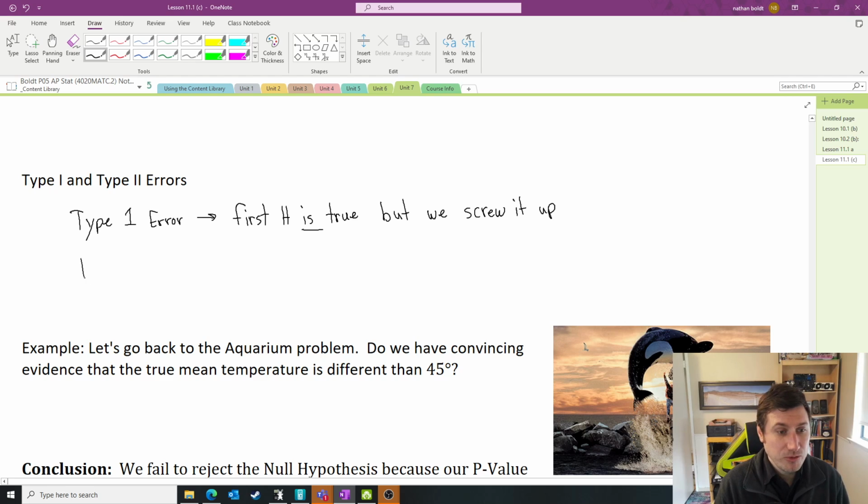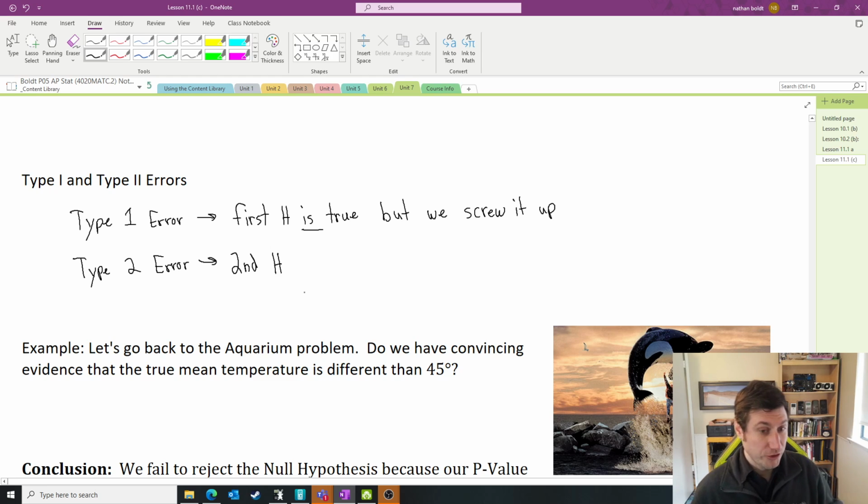A type 2 error, you might see where this is going. The second hypothesis, which is the alternative, right? But I'm using second because it's a type 2 error. That is the alternative hypothesis is true, but we screw it up.